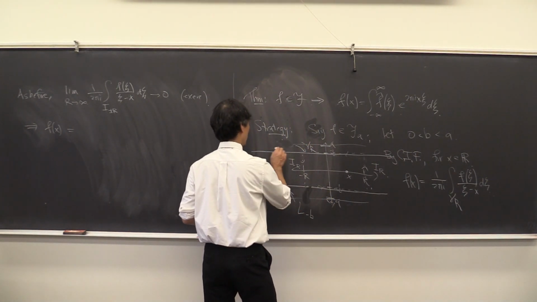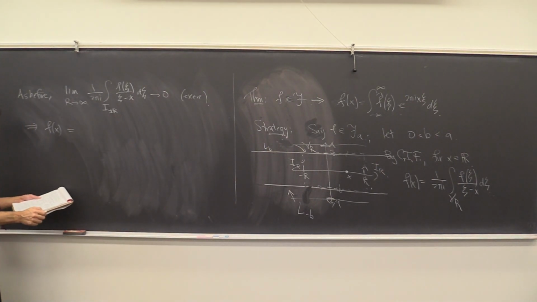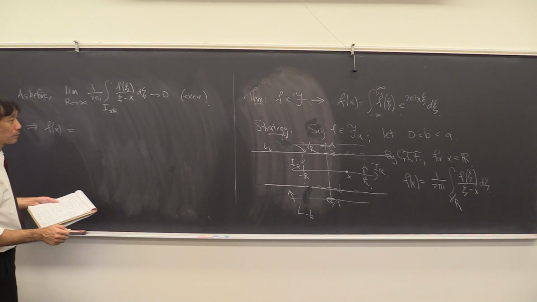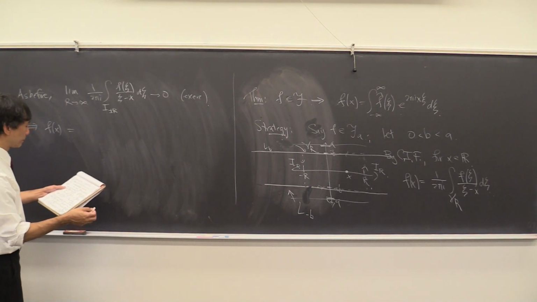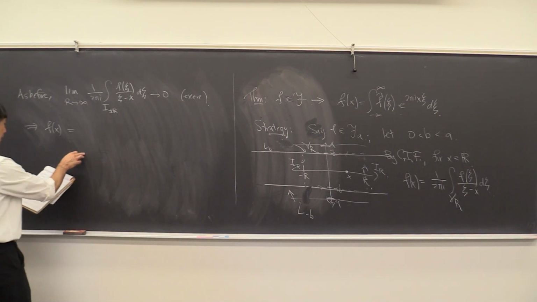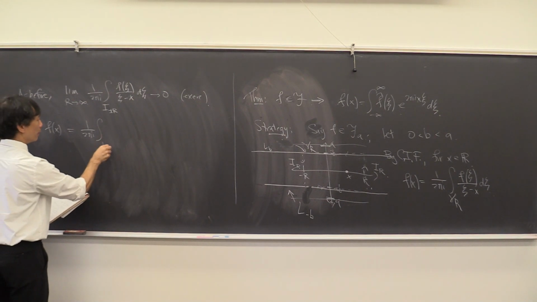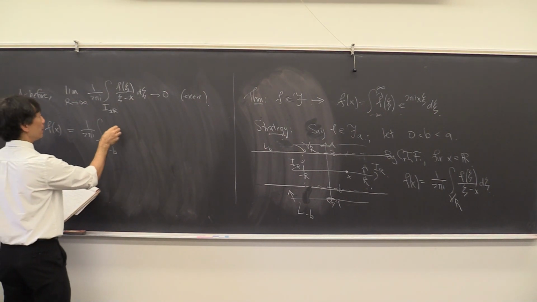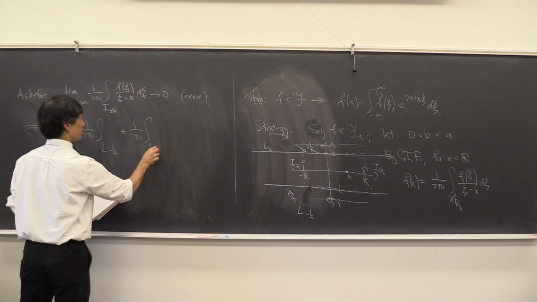So f of x equals the integral over line negative b plus the integral over line positive b.